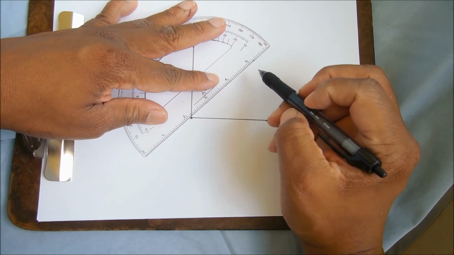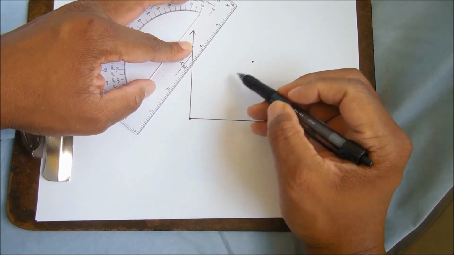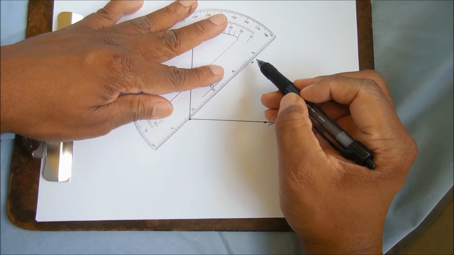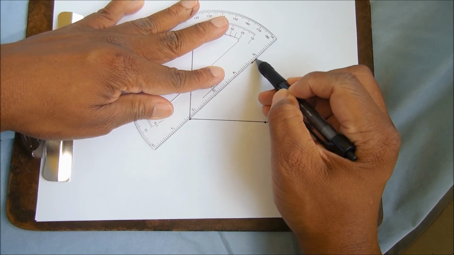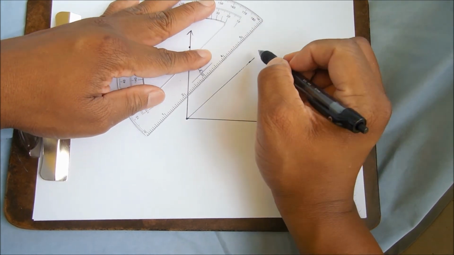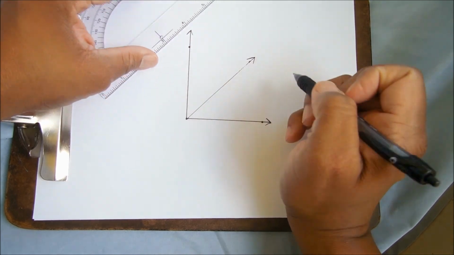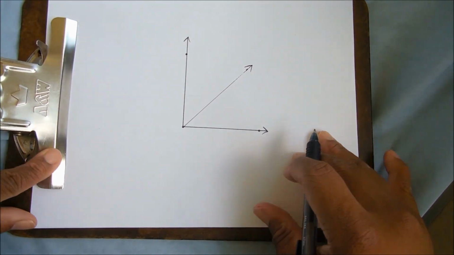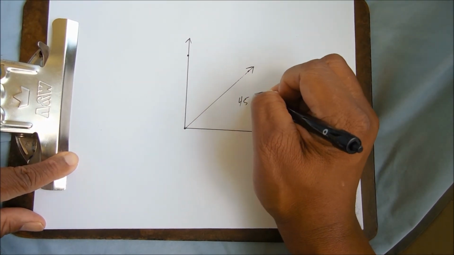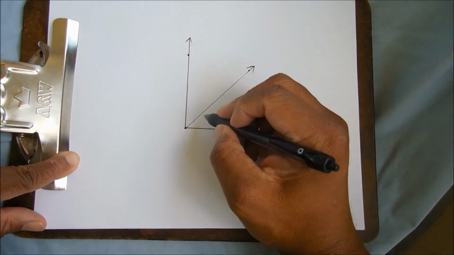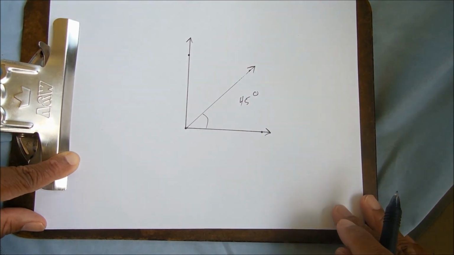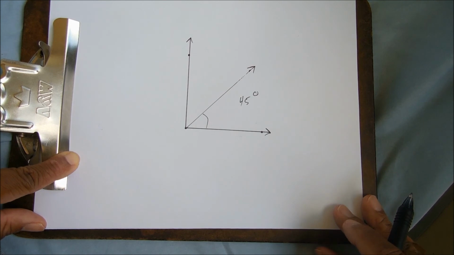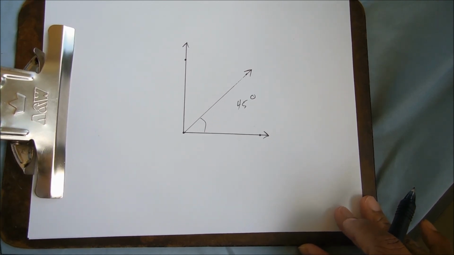We're going to go 45 degrees. This part right here is 45 degrees. We're just going to mark off here, to let you know that this is the angle that we're discussing. Any angle less than 90 degrees is an acute angle.